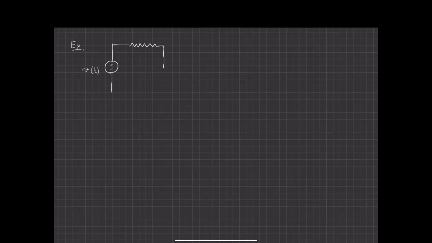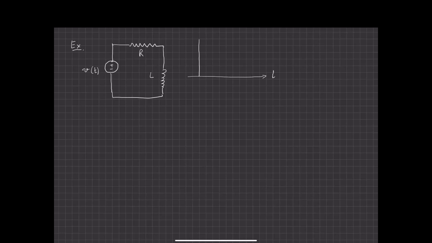I have a simple RL circuit. All right, this is a simple RL circuit. This is R, this is L. And I'm now going to apply a pulse function to this RL circuit. That is, I'm going to apply this function. This is V of t.